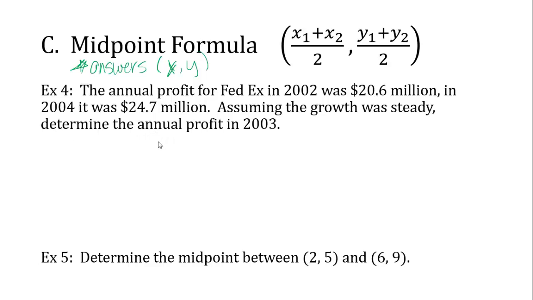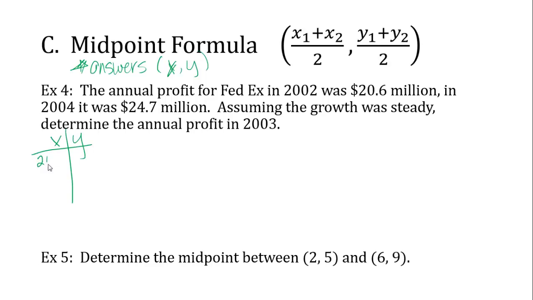Okay, so your problems today are going to look similar to this. They are word problems, but we can do this. The annual profit for FedEx in 2002 was $20.6 million. In 2004, it was $24.7 million. Assuming the growth was steady, determine the annual profit in 2003. What does this have to do with midpoint? Well, think of it in terms of an XY table.